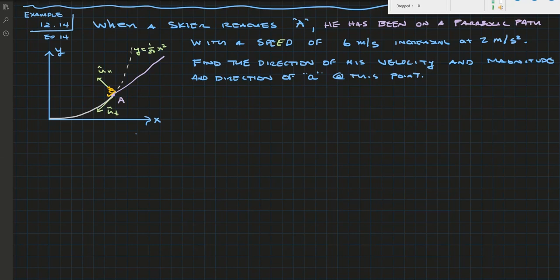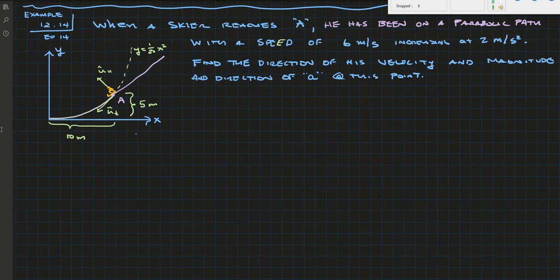Finally, we want a distance of 10 meters to this point, and in the vertical direction, 5 meters. So we know our velocity is tangent to the defined y as a function of x curve. So let's just find a tangent to that curve. We already have the magnitude.